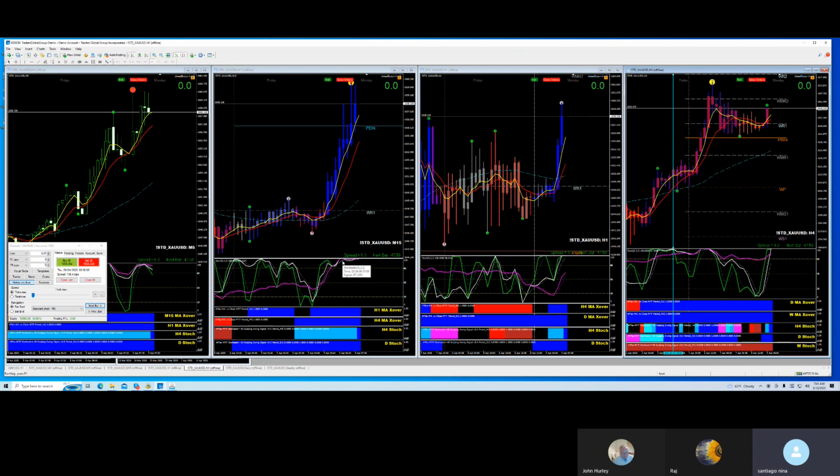Now, this is a situation where when you have a lot of strength, you can only depend on the lower time frame to keep giving you specific trend trades. When that stops giving you trend trades, that means something's happening, and we may be having a pullback on the larger time frame, which would be the 1 hour to 15. But we're at a potential peak, and we're going to be monitoring this to see if anything is changing directions.